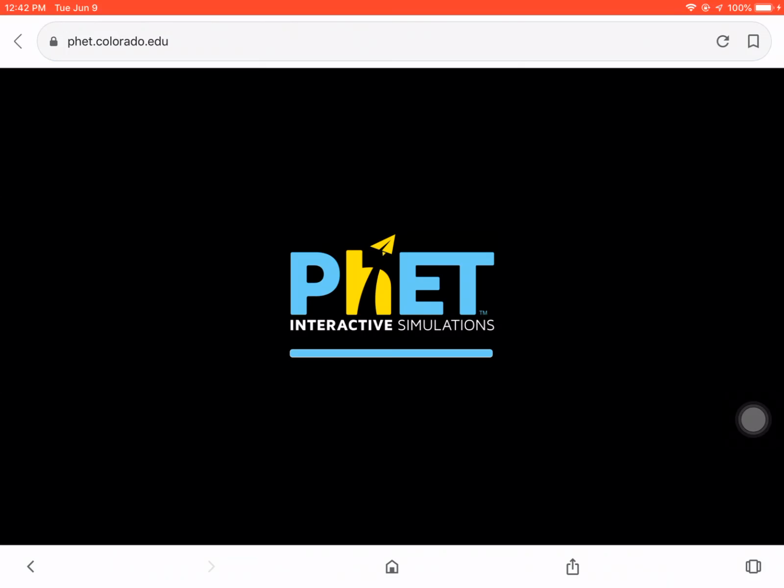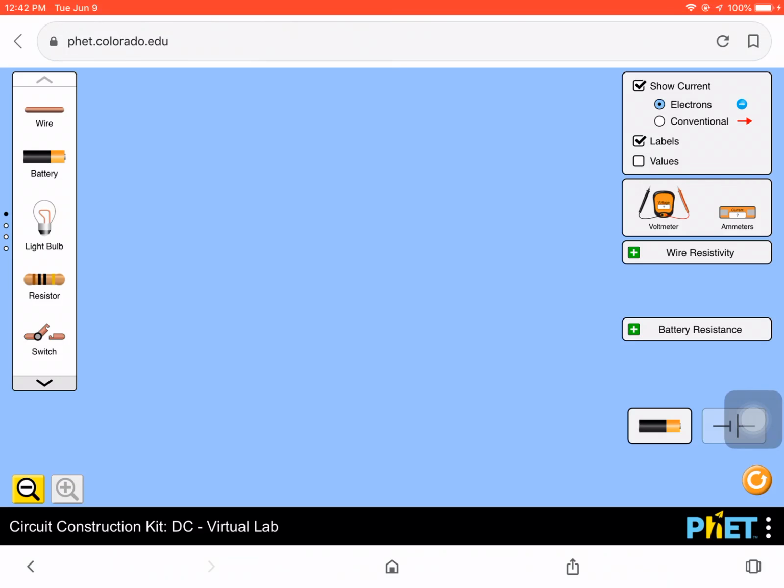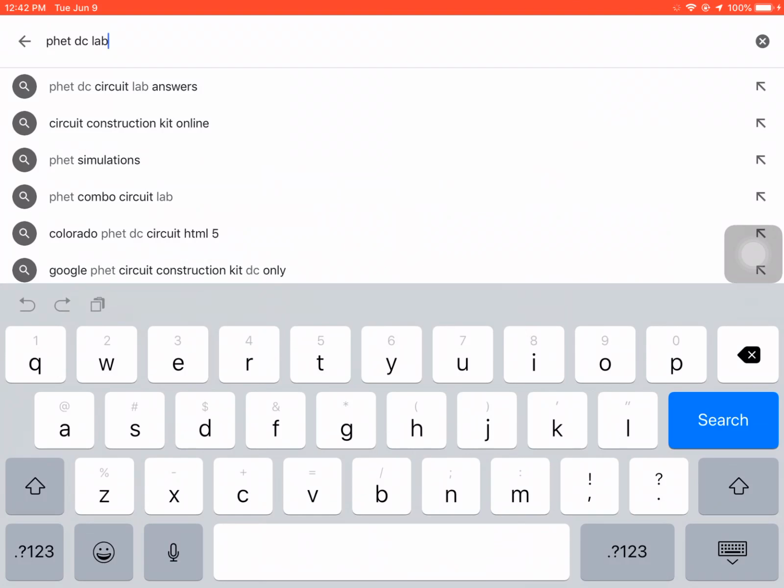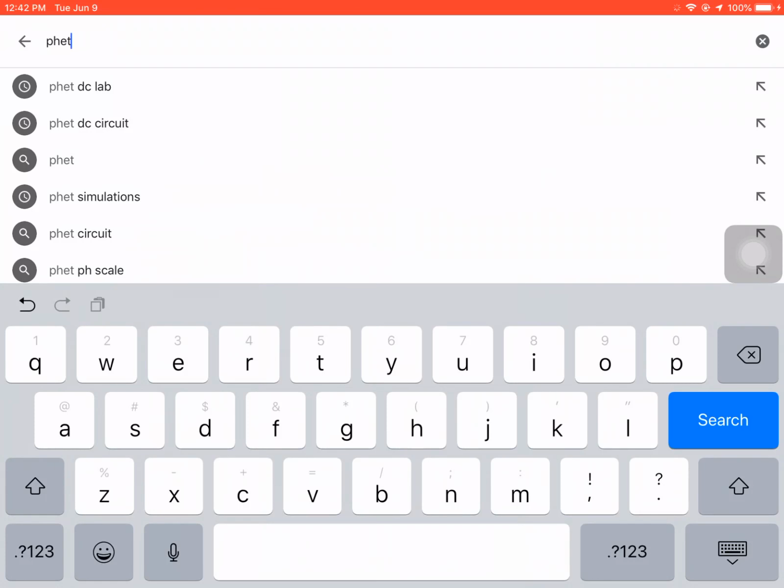I don't know if it's going to allow me to record this, so I'm going to cross my fingers and hope. There it is. Okay, so this is the PHET here. Oh, that's the circuit lab. I want the Ohm's Law lab. Sorry, I want PHET Ohm's Law. Ohm's Law PHET. Sorry about that.